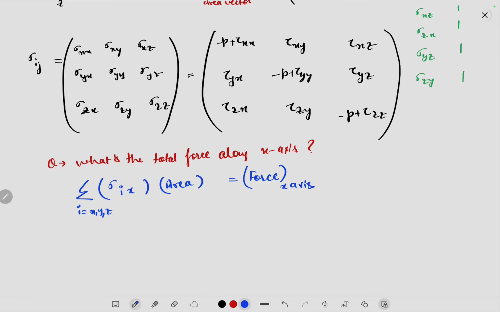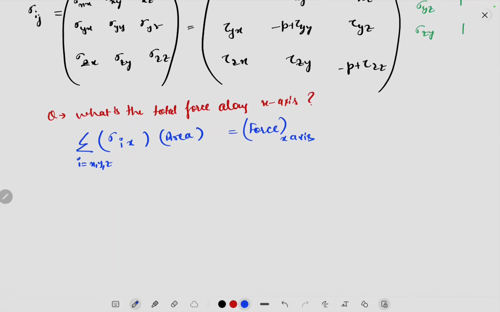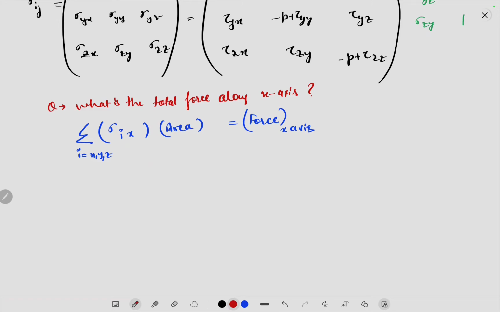Similarly, we can find the total force along the y-axis or z-axis using the stress tensor components.